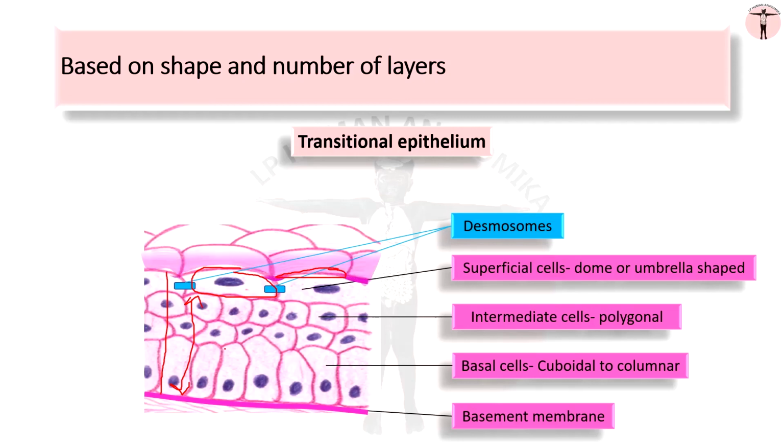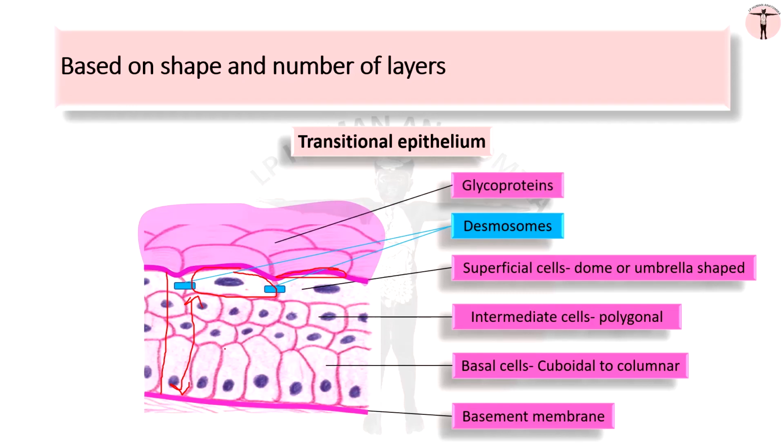In the apical surface of the cell membrane, special glycoproteins are embedded, which make the membrane impervious and resistant to toxic effects of substances present in urine and give protection to the underlying layers. Because of this glycoprotein present on the surface, the underlying cells here are protected.